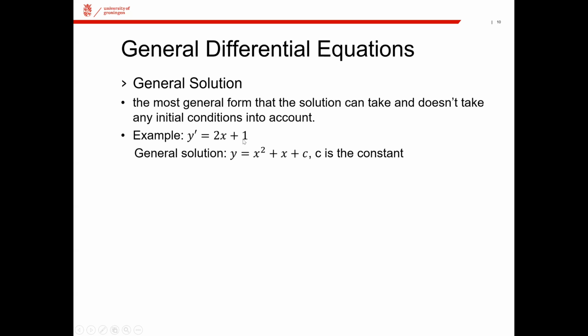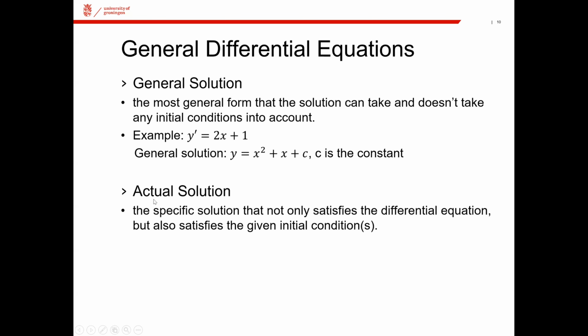So the left side equals the right side, so this is the right solution. And since the derivative of c, the number, will be 0, only the derivative of x squared plus x, in other words 2x plus 1, is left.